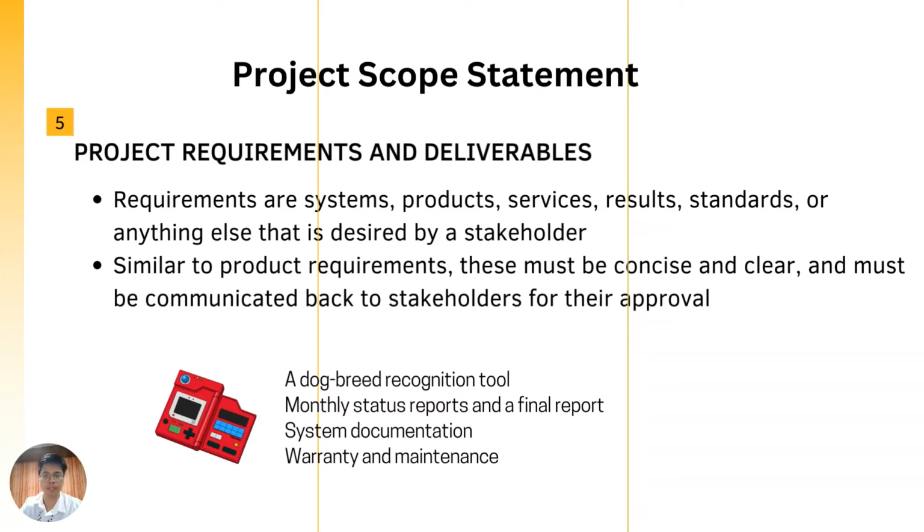For our DoggyDex, aside from having a deliverable of the dog breed recognition tool, additional deliverables are identified such as the monthly status reports and the final report, the system documentation, and the corresponding warranty and maintenance after its acceptance.